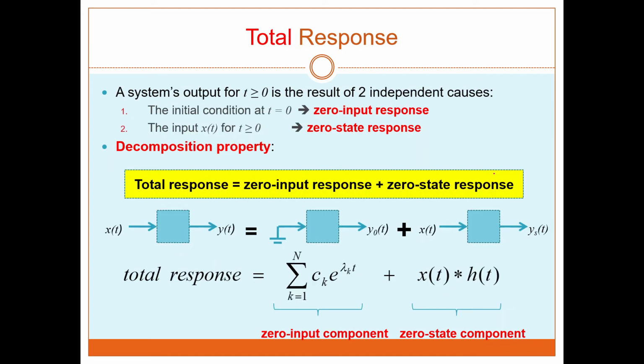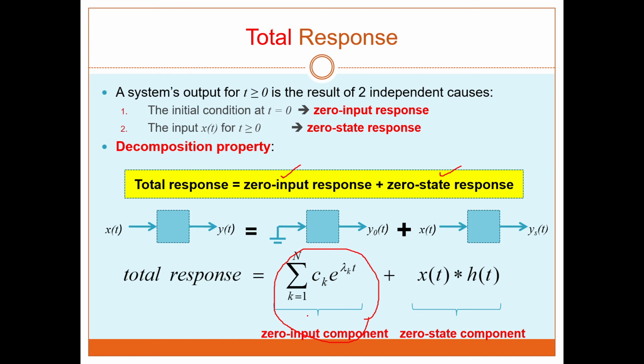So let us reflect back to the first class about the time domain analysis. We see that the total response is equivalent to the zero input response plus the zero state response. We know how to find the zero input response, and we know how to find the zero state response. For the zero input response, usually we come up with characteristic equations or characteristic modes.